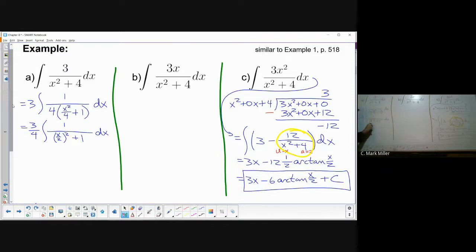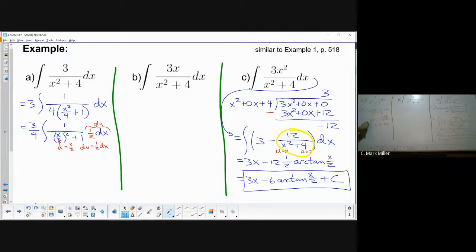So I'm going to let this be u. If u is x over 2, du is 1/2 dx. So what do I do? I need a 1/2 right there. And if that's a 1/2, this becomes du.